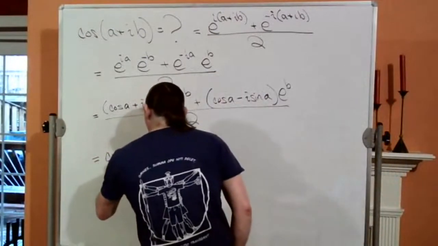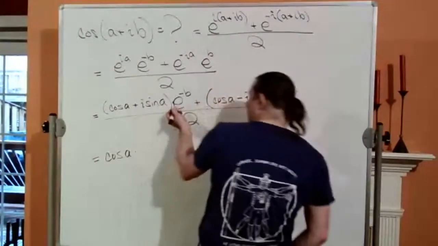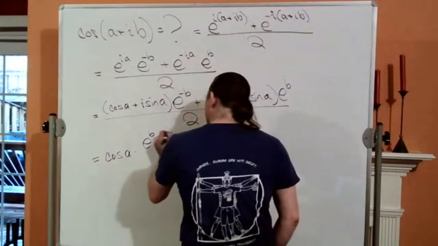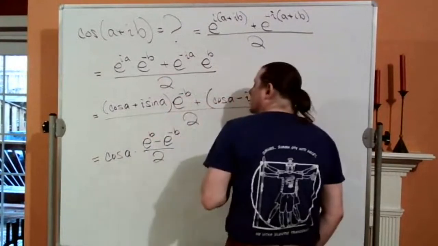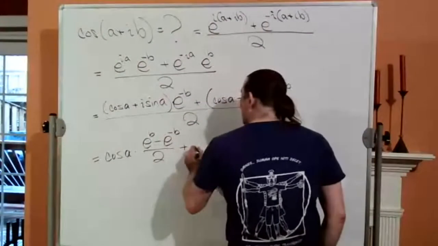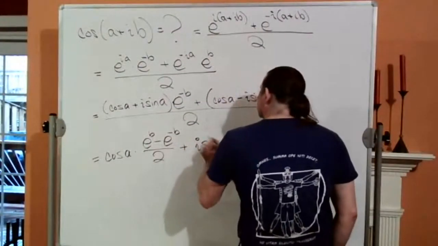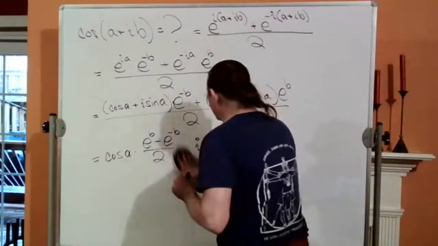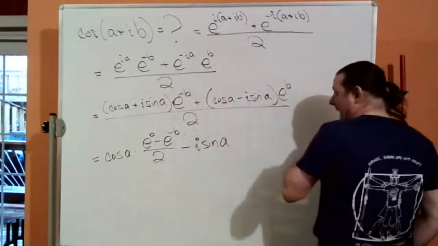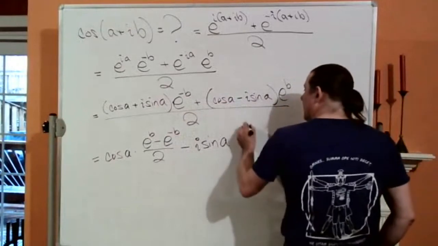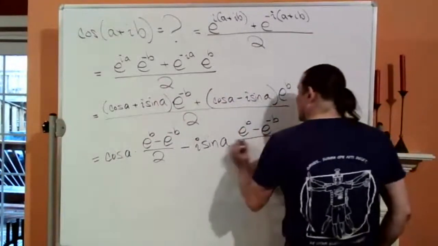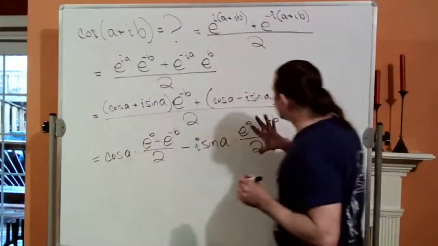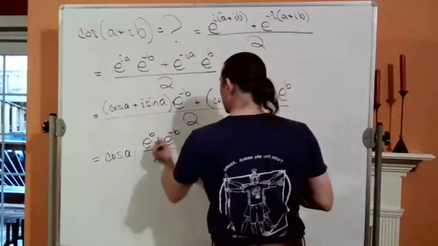So it's going to be cosine a times e to the minus b plus e to the b over 2, and then it's going to be minus i sine a times e to the b minus e to the minus b over 2. And so these look just like, oh, so this should be plus.